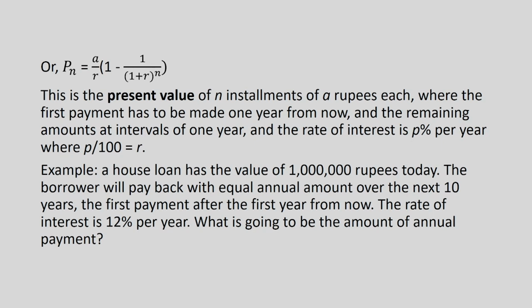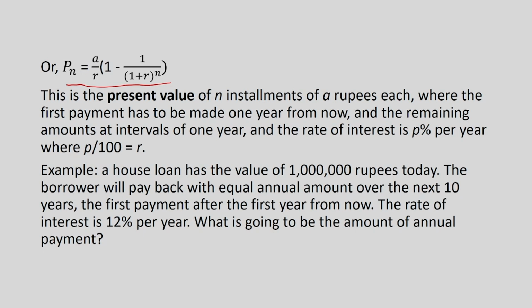Suppose that is constant, that is small a, then the present discounted value, or in short present value of this series of payments in future is given by this expression Pn, where R is the rate of interest, it is also called rate of discounting, N is the total number of periods, and small a is the payment per period, or we can call it the installment per period.